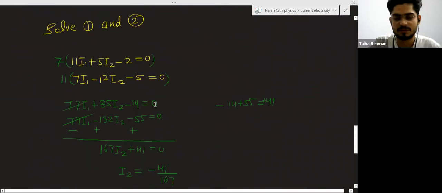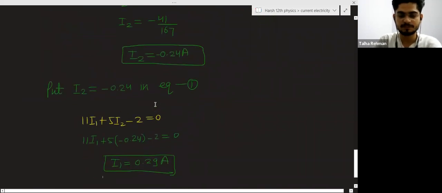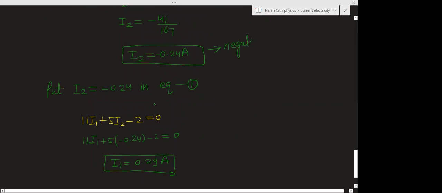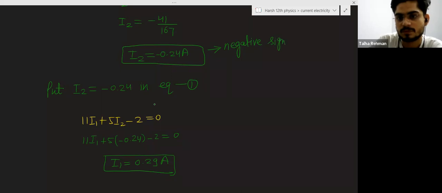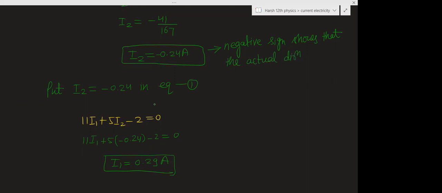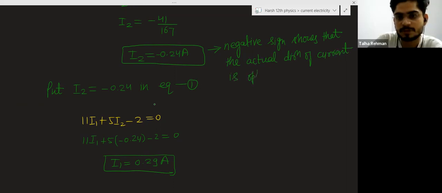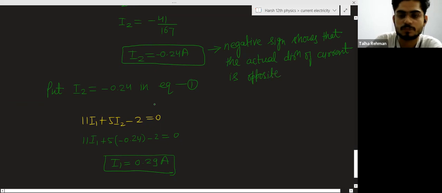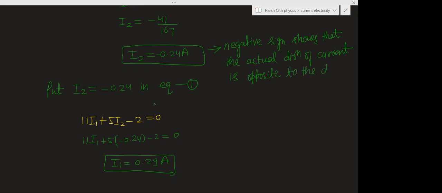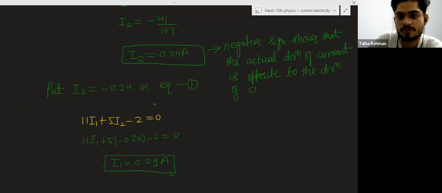So I am writing here: negative sign shows that the actual direction of current is opposite to the direction of current we have supposed.